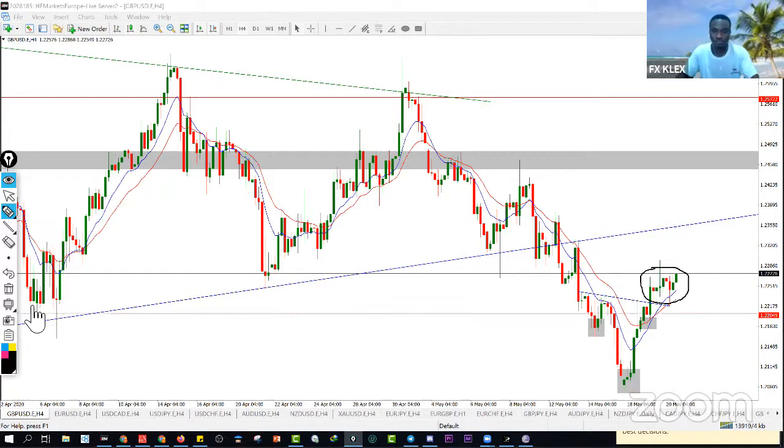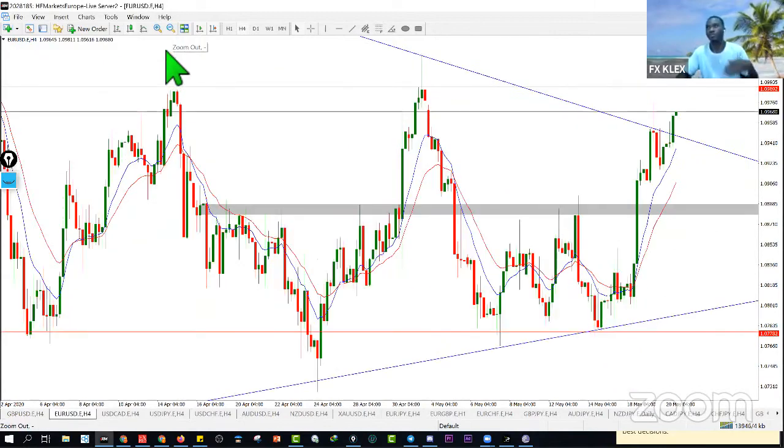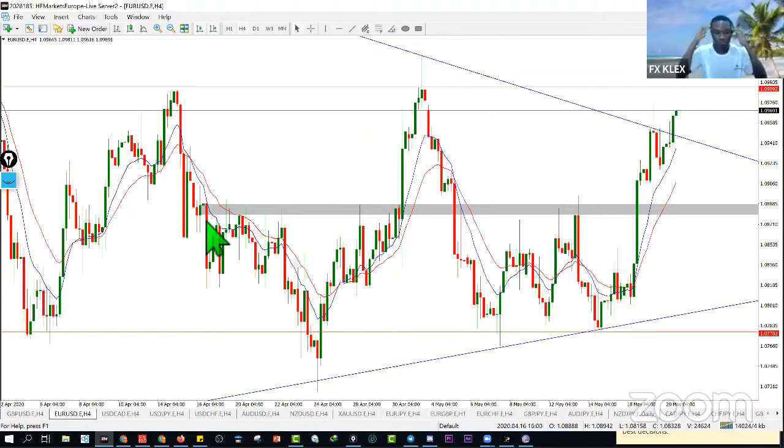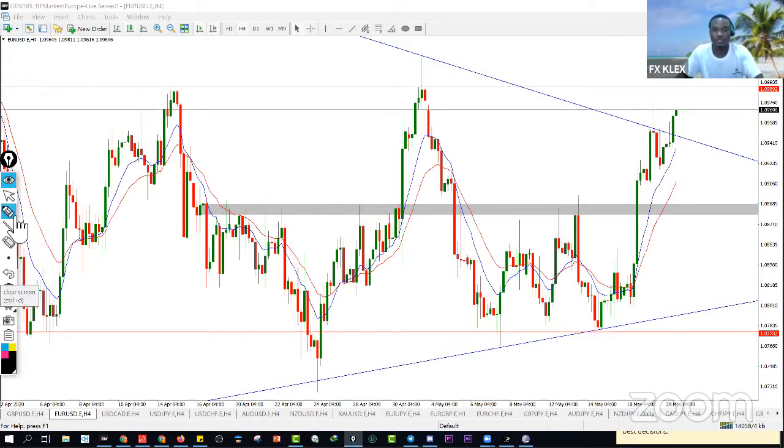Then let's figure out the euro as well. Yesterday I pointed this out in my free forex trading class, where I discussed the euro against the USD. I said I can figure out a potential support here, which can serve as a hindrance for price to make a rally up.